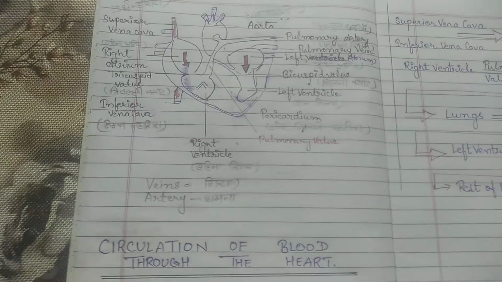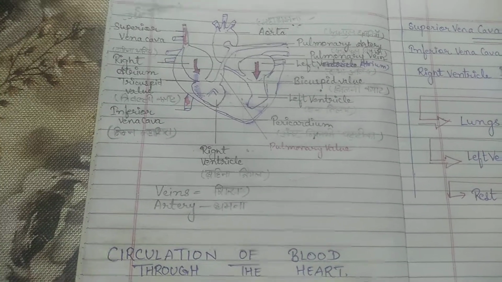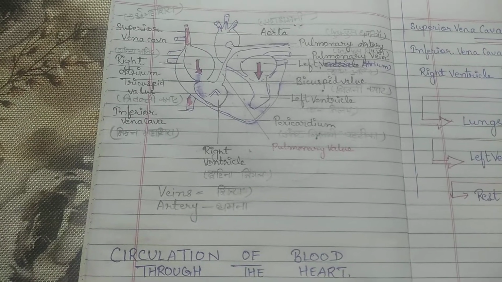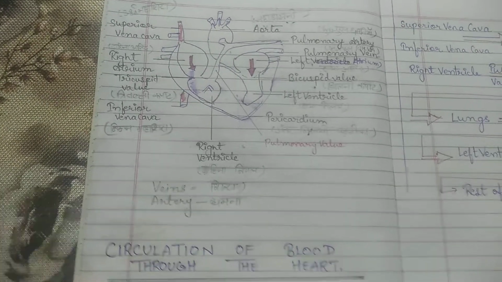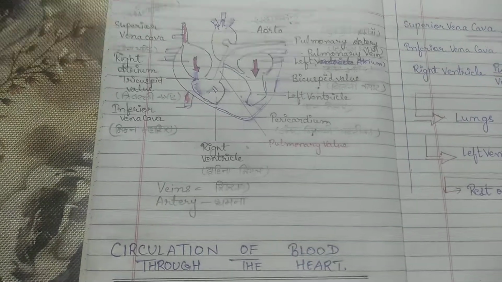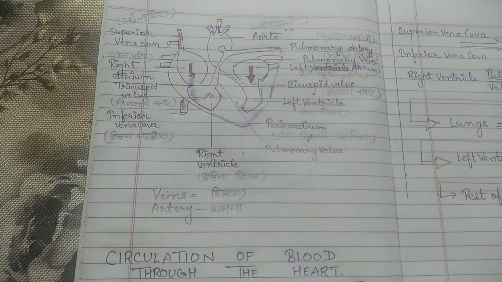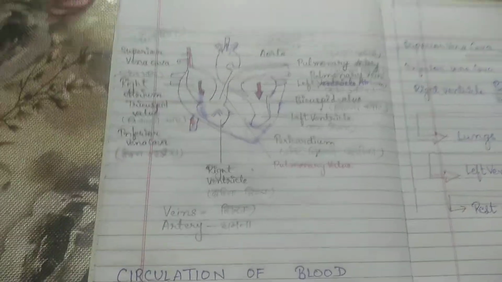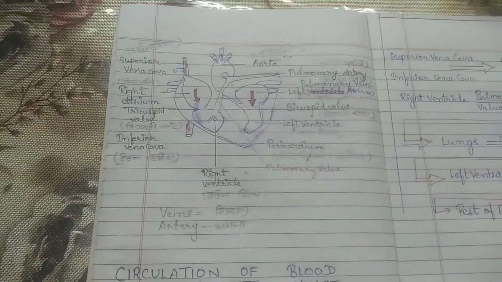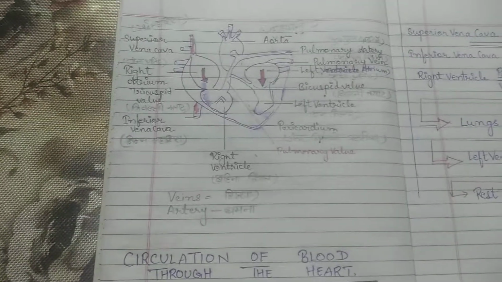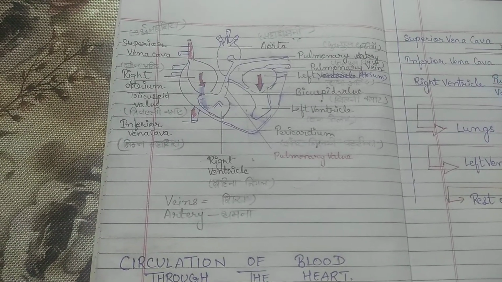Now from the left ventricle, which acts like a pump, the blood passes through the valve and enters the aorta, and from the aorta the oxygenated blood goes through the rest of the body.